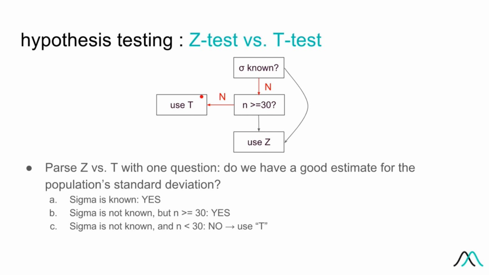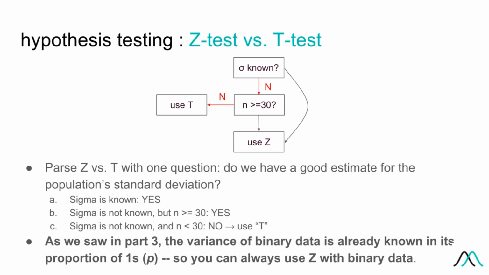One last thing to note here is that a test of binary data can always use a z-test, since, as we saw in part 3, the variance of binary data is already known. It's already hard-coded in its proportion of 1s. However, a z-test of a proportion is more reliable when sample size n times the center proportion p and n times 1 minus p are both greater than 5.